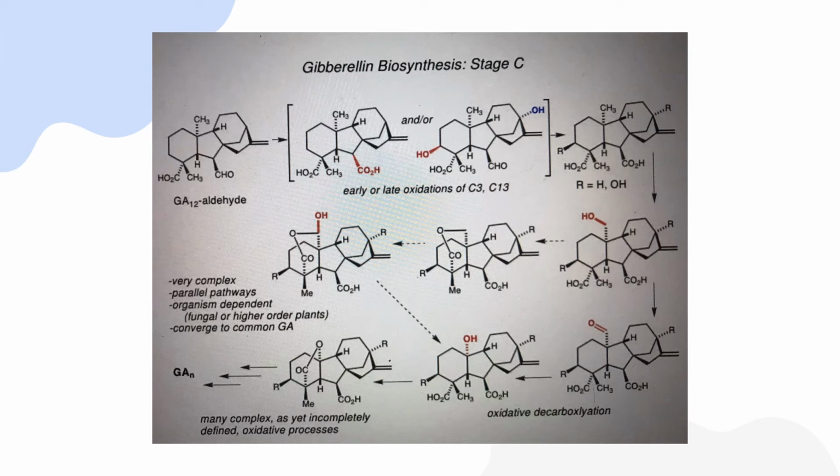These enzymes require 2-oxoglutarate and molecular oxygen as co-substrates, and they use iron and ascorbate as cofactors. Two basic chemical changes occur in most plants. First is the hydroxylation at carbon 13 or carbon 3, or both. Second is successive oxidation at carbon 20.